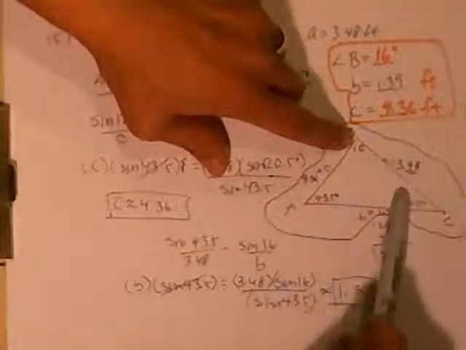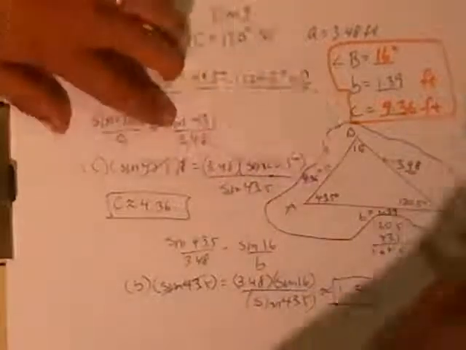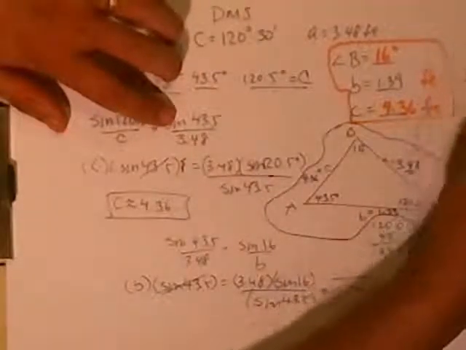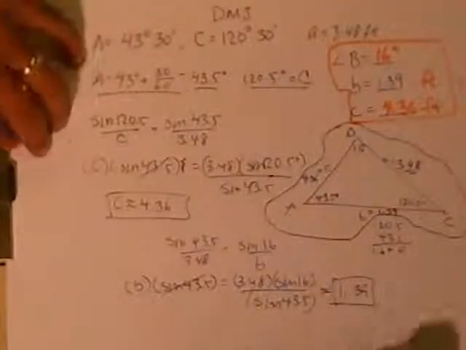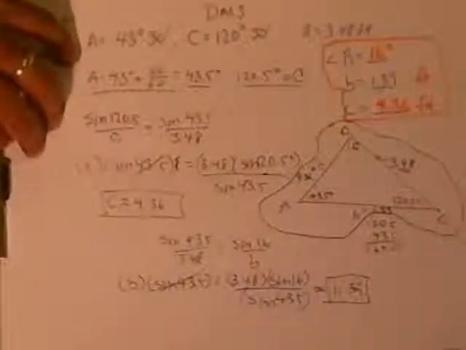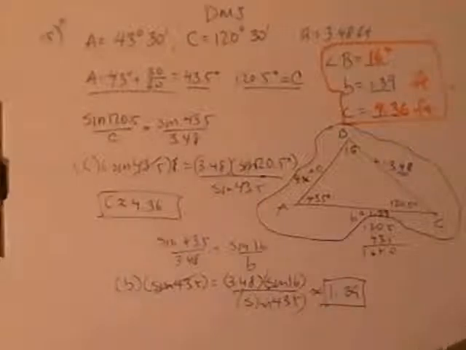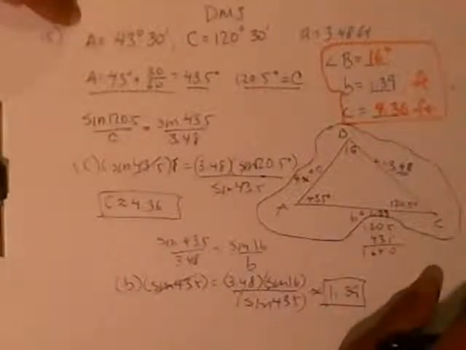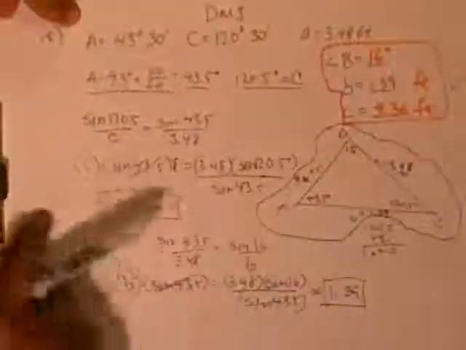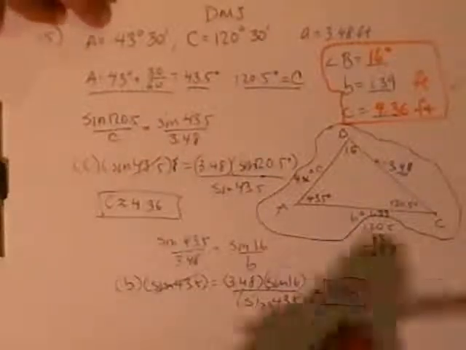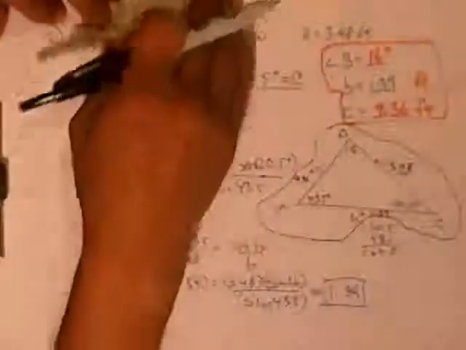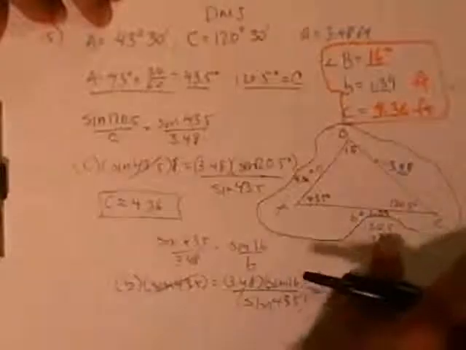Smallest angle, smallest side. Seems to be right. Pretty close. I'm going to put a little check right there, and there we have it. Okay? A little bit difficult problem, so you want to put a little bit of thought process into these problems as you go. Sorry about that, guys. Impromptu again.